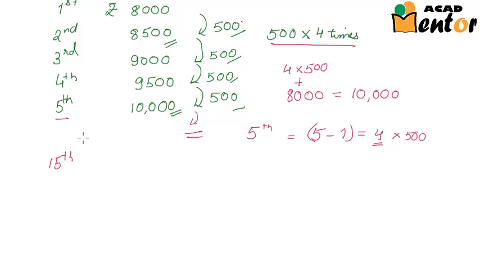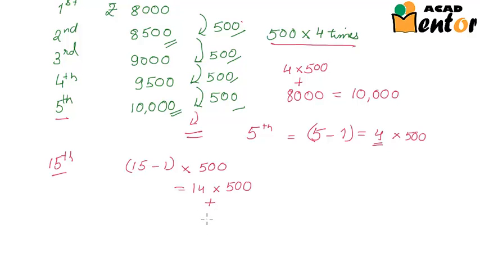Now if we were to find out for the 15th year, there will be 15 minus 1 increments of 500, that is nothing but 14 increments of 500.